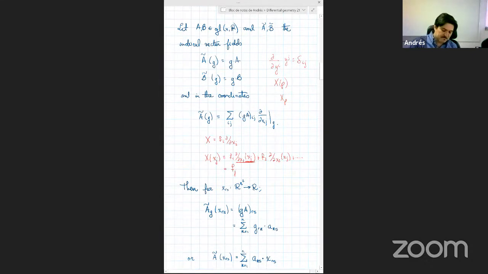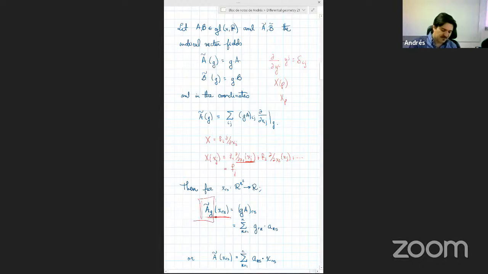Now, remember that g is a non-singular n by n matrix. A is an arbitrary n by n matrix. If I look at the product, that's the formula for the product, right? On the entry rs. That's just the formula for matrix multiplication. Okay, so this is a function.